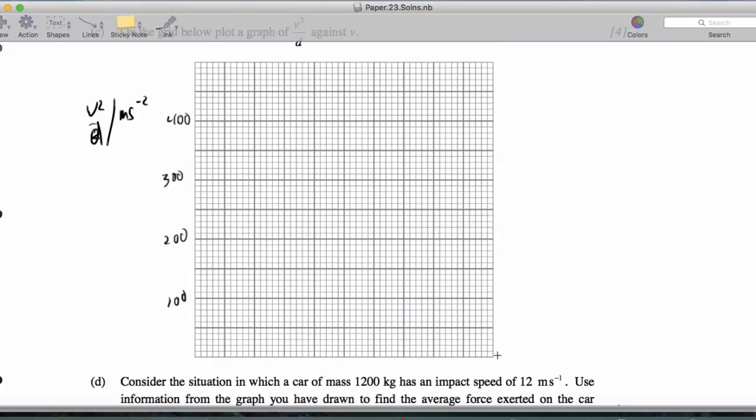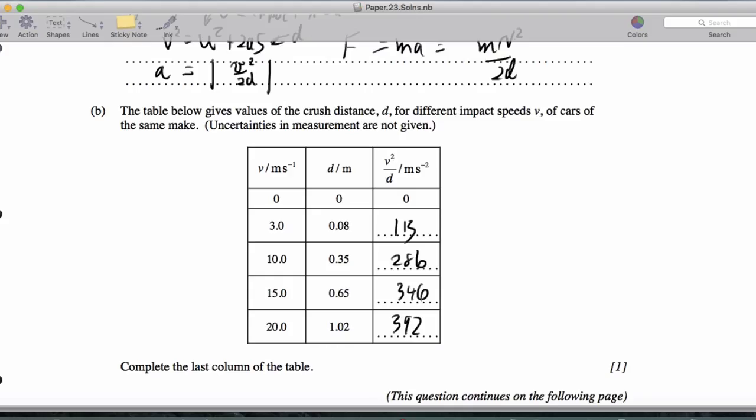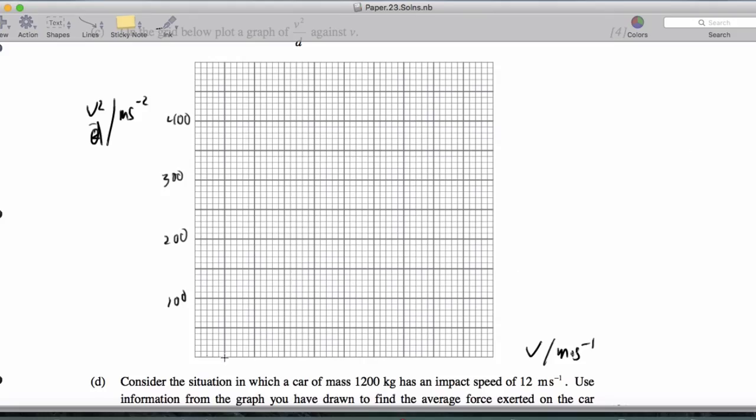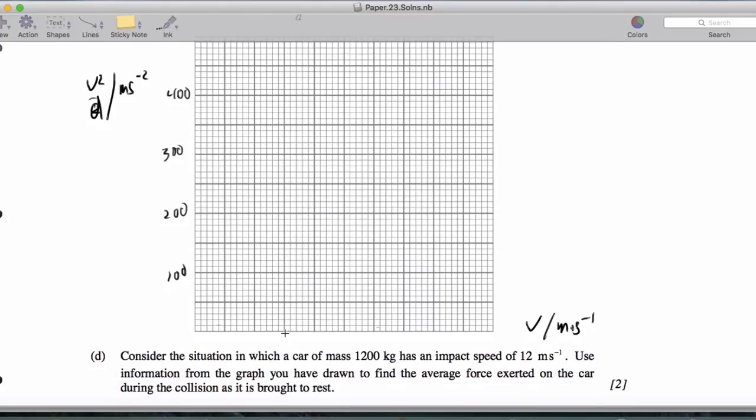And this is going to be v measured in meters per second. And we go up to about 20, so maybe we could go 5, 10, 15, and 20 right here.